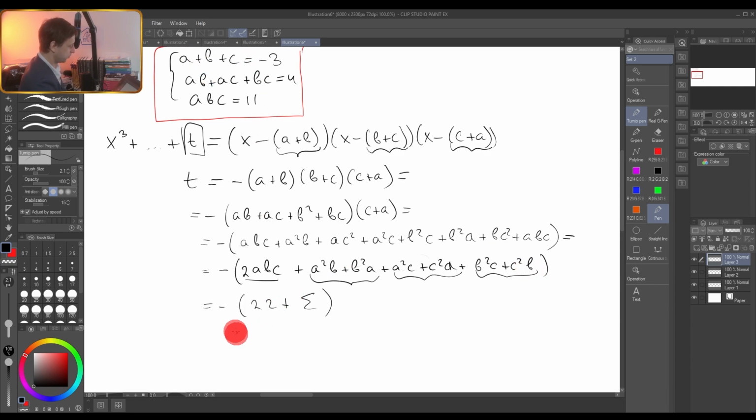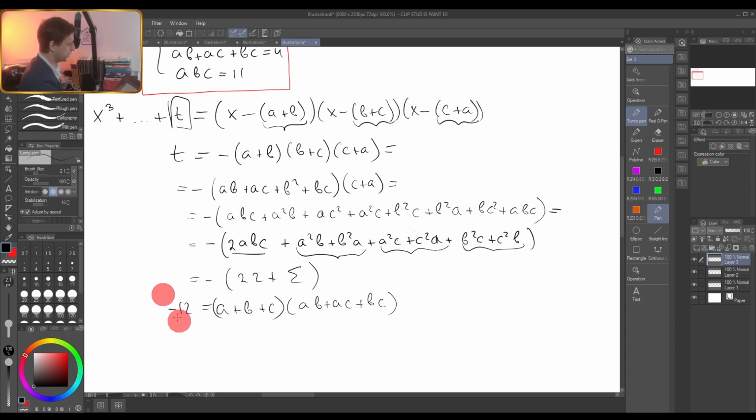For example, if we multiply a plus b plus c by ab plus ac plus bc, obviously we know that one is minus 3, another is 4, so it is equal to minus 12. So we'll keep it in mind. And what would be this product? Let's simplify the process, and we will not expand it in a long way like we did here. We will understand right away how the process will end.